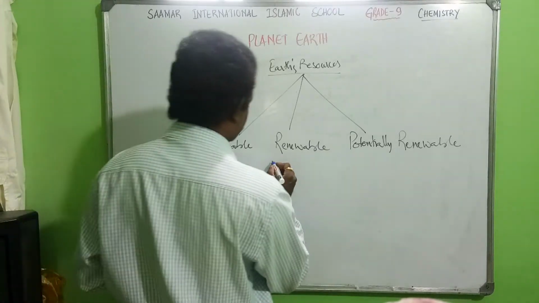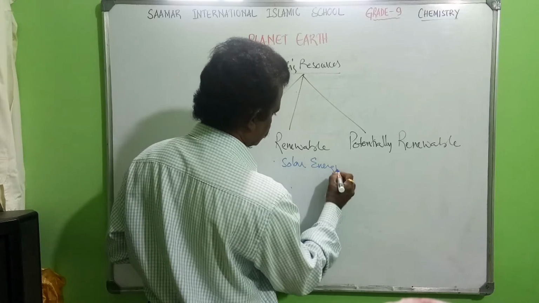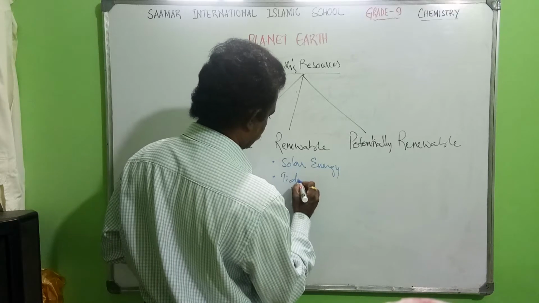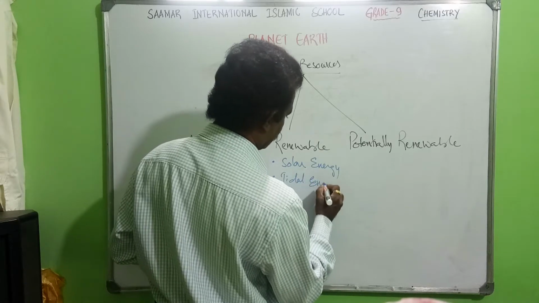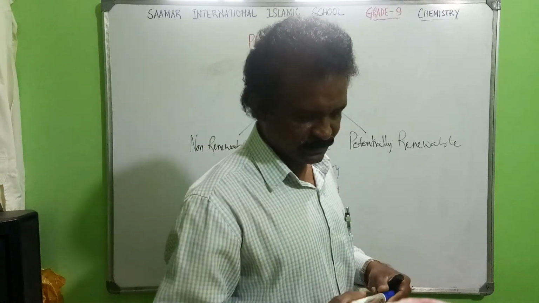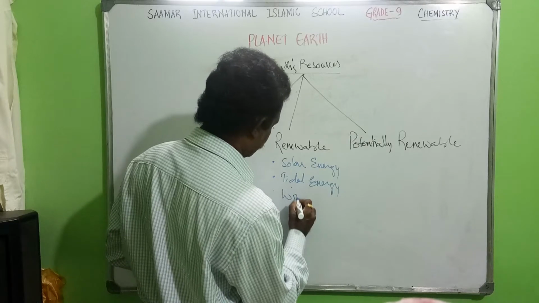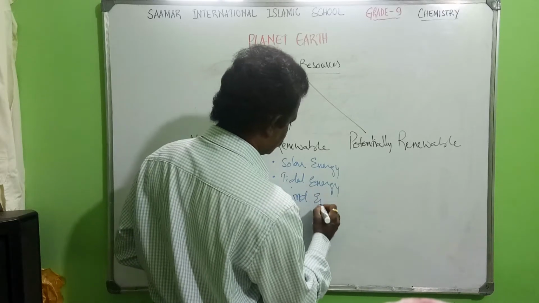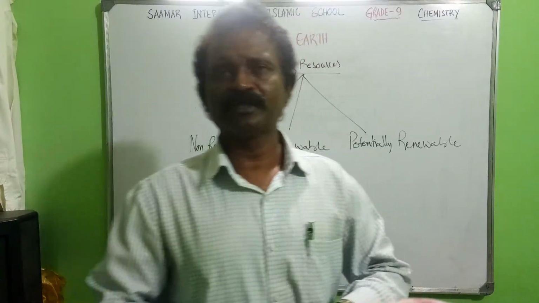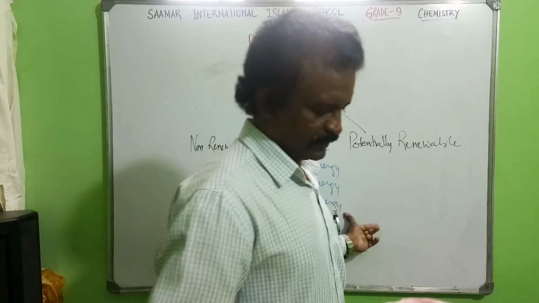For example, solar energy, tidal energy, and wind energy. These energies are available anytime. How much we want, we can use. So that is why they are called inexhaustible.